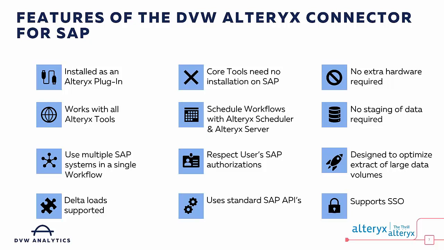But what we allow you to do is to say, listen, I'd like all the data in a particular table, all the data in a particular query, and no matter how large that is, we will make multiple requests to the back-end SAP system to get data for you in a single request, although behind the scenes we may make multiple requests to that SAP system. We have features that will support delta loads. So if you want to say, okay, show me only the data that's been updated since yesterday, we have mechanisms to enable that as well.